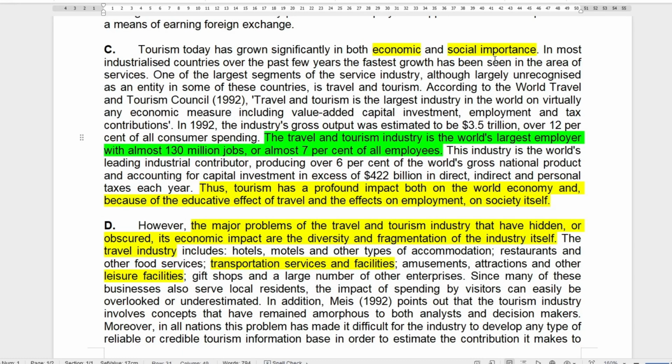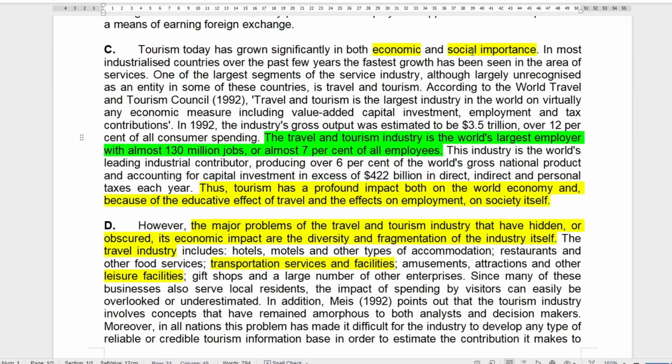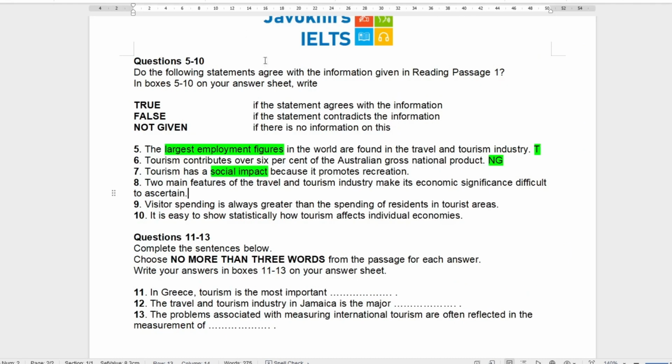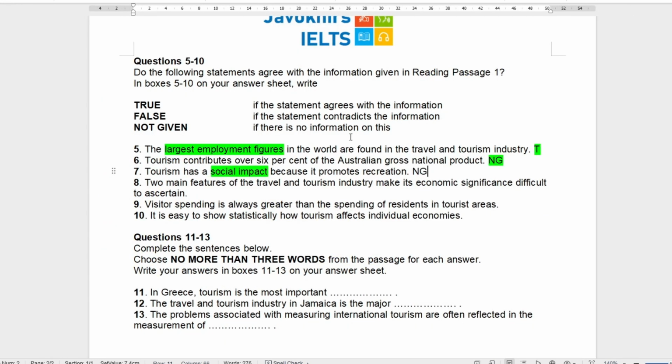Okay, we had social importance. However, tourism has a social impact because it promotes recreation. It's not really specifying that, and it doesn't really mention that it promotes recreation in the paragraph. I think it's another not given for us as well. So I'm not going to waste time on that either.